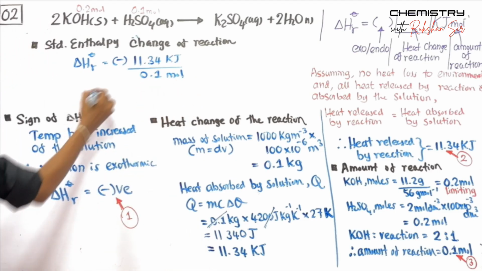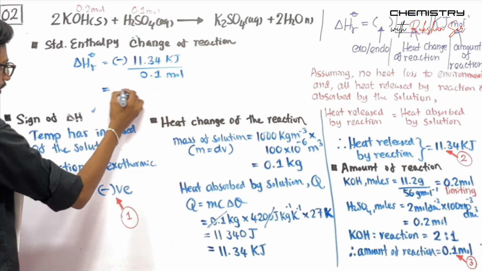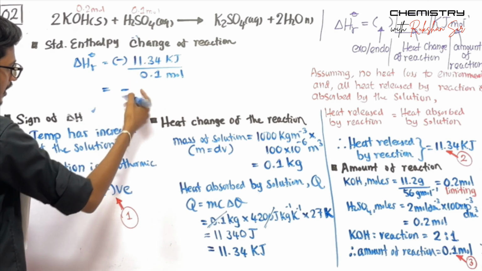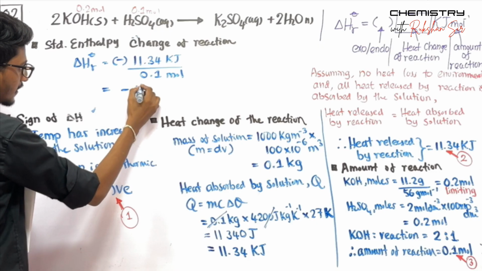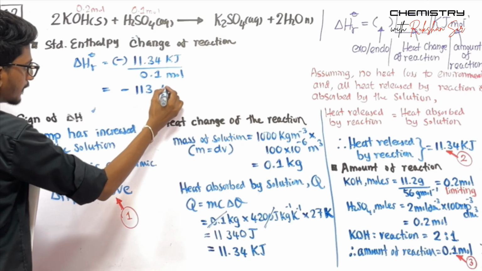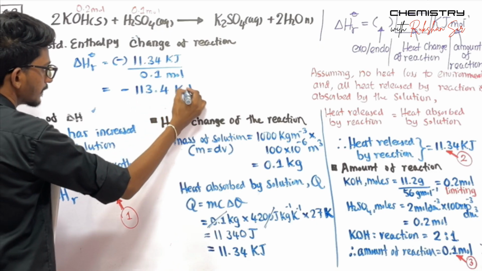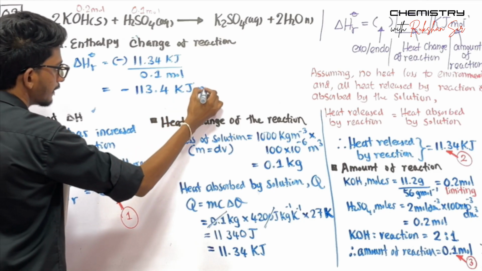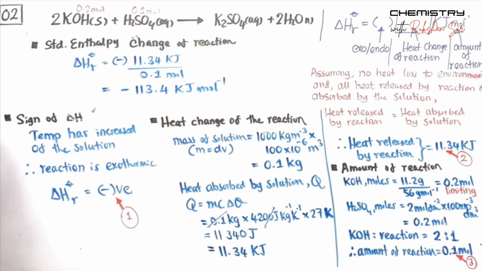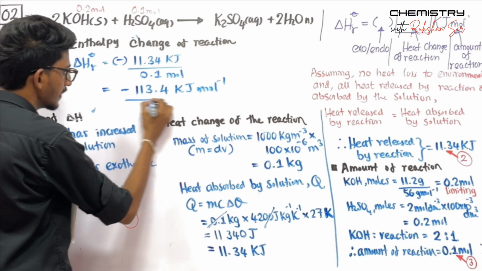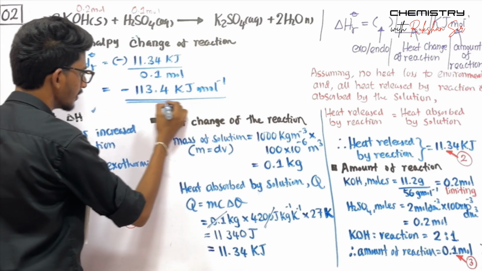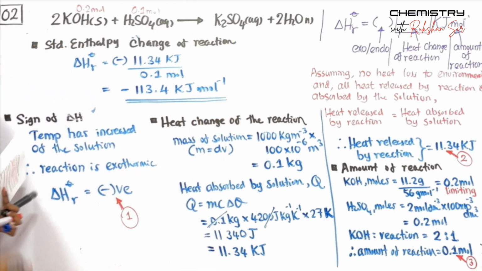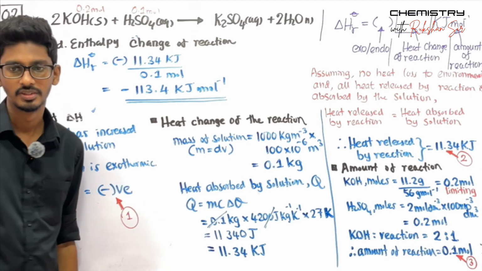So the value is going to be negative 11.34 divided by 0.1, so it is going to be negative 113.4 kilojoules per mole. So that is your delta H naught R value for this reaction, right? The thing is clear. So just complete this.